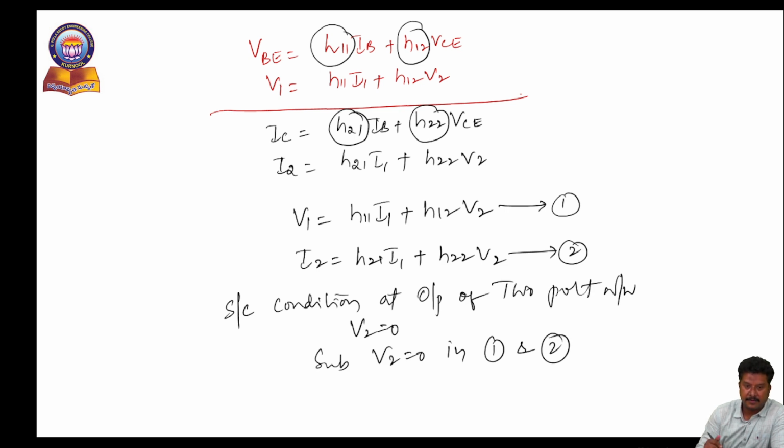By substituting V2 is equal to 0 in equations 1 and 2, the resultant equation is V1 is equal to H11 I1 plus H12 V2, where V2 is equal to 0.